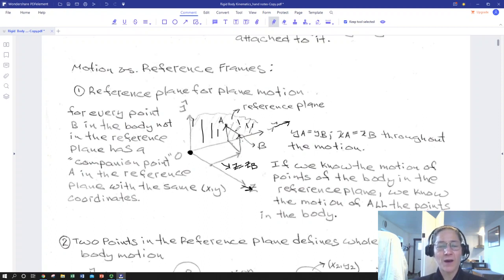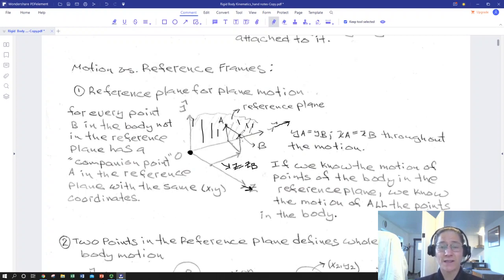We can think about point A as being a companion point in the reference plane to whatever point B is here, because A and B have the same X and Y coordinates.